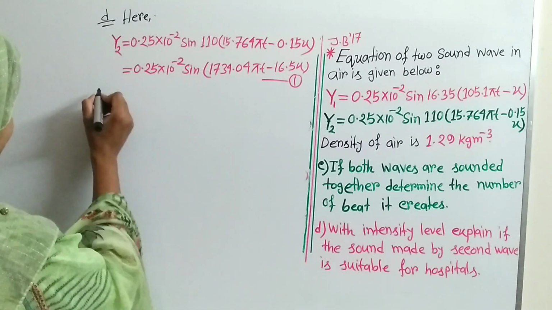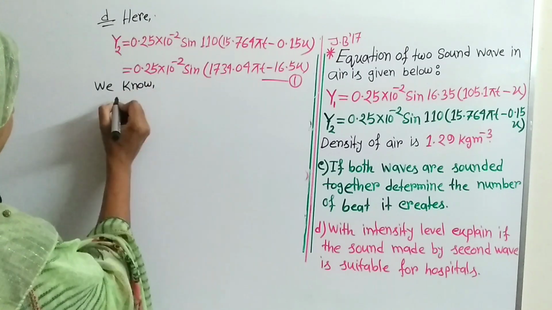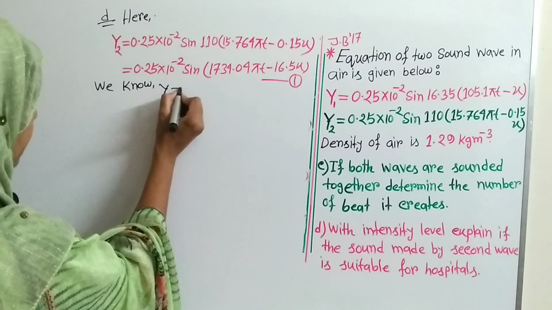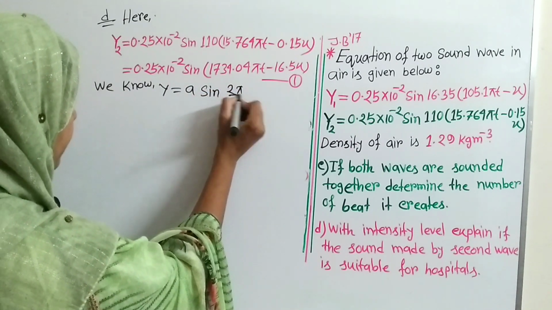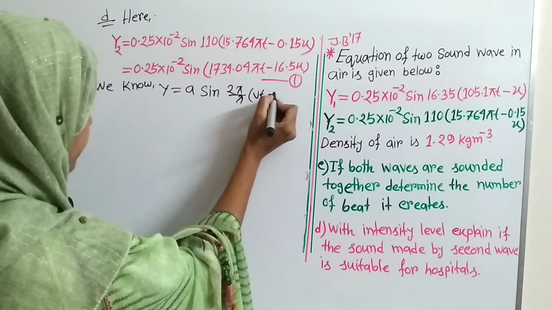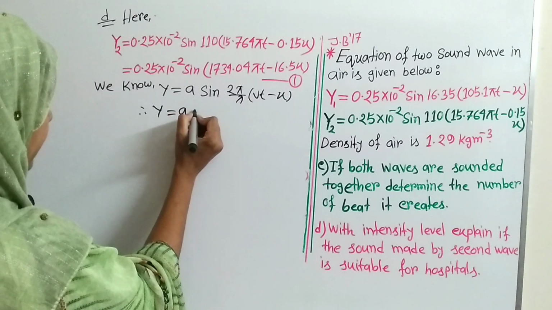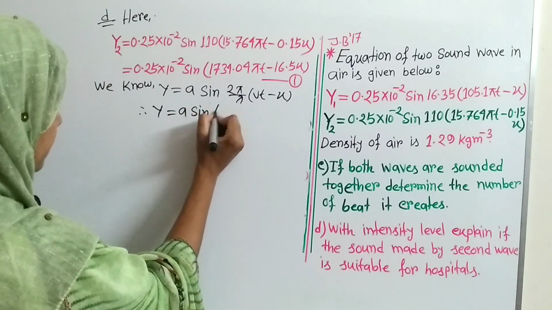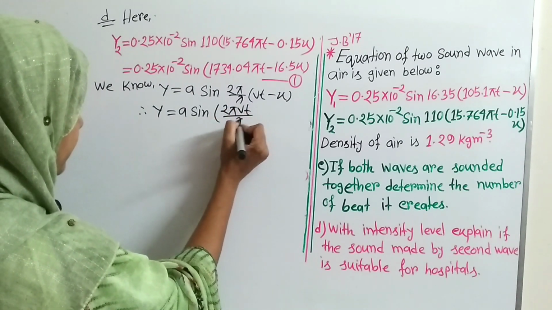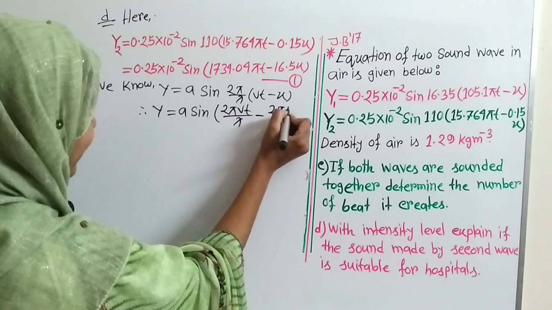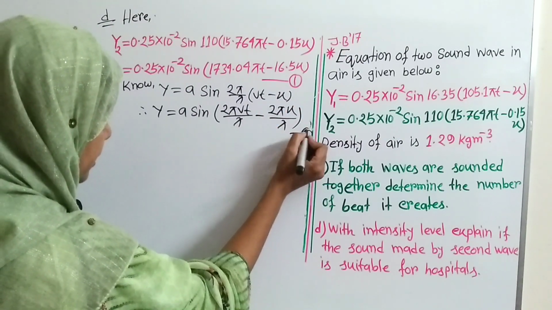The equation of progressive wave, y is equal to a sine 2 pi by lambda into Vt minus x, or y is equal to a sine 2 pi Vt by lambda minus 2 pi x by lambda, and make it equation 2.